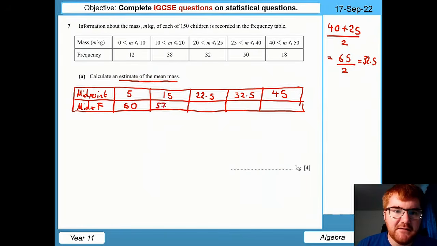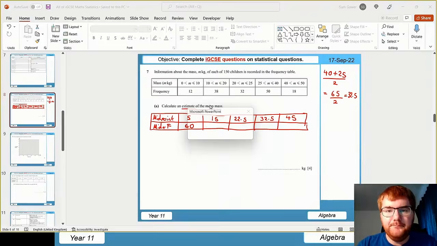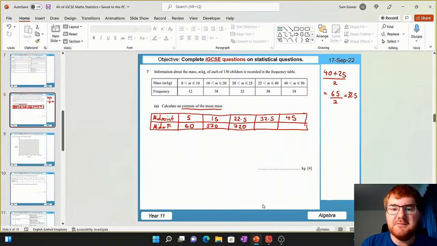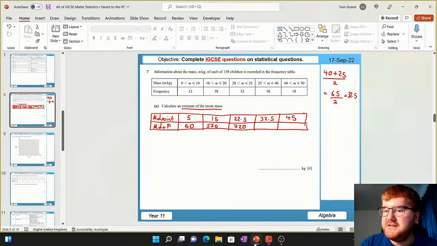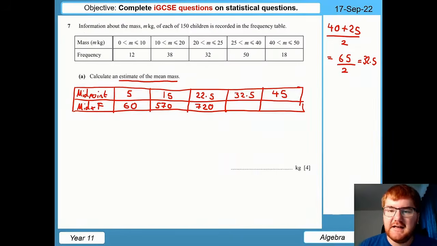So 570 and 720. And the key thing with this process is just making sure that we're careful putting these numbers in. So 1,625 and 810. Now at this stage we need to work out the total here.